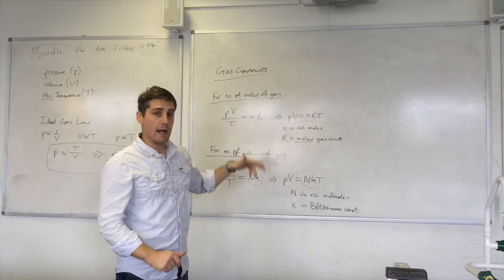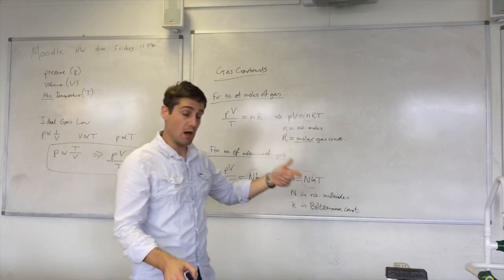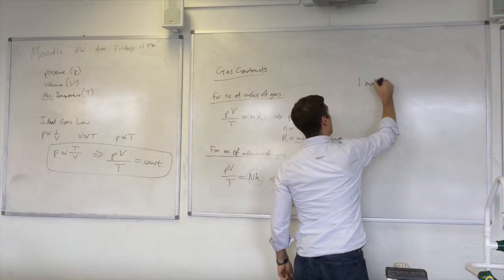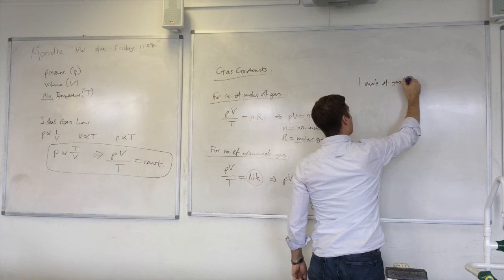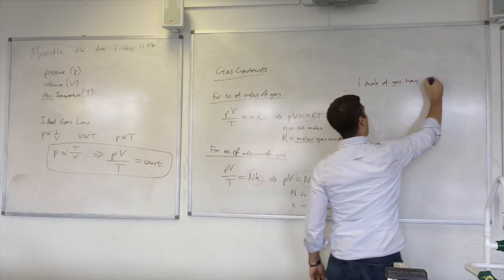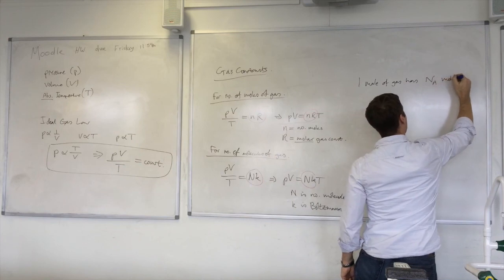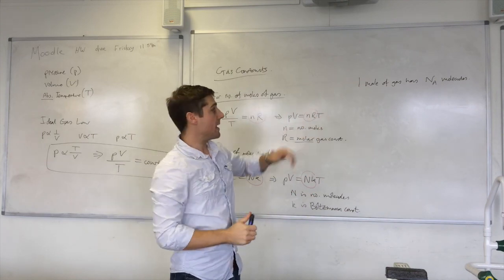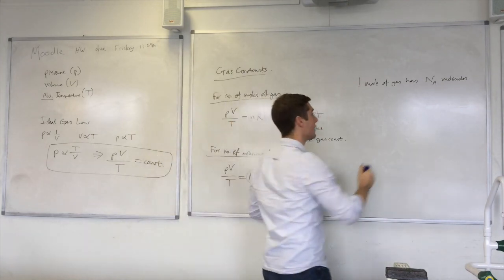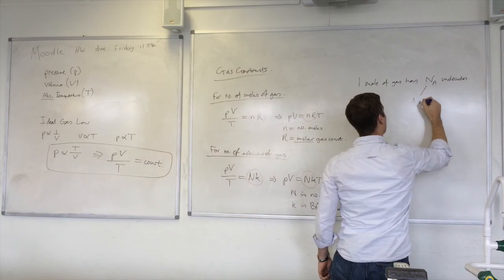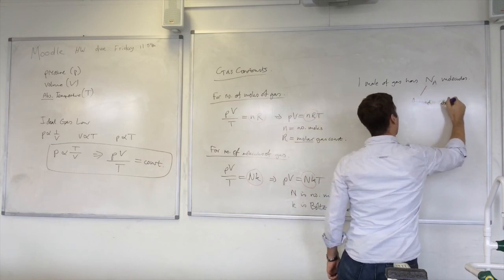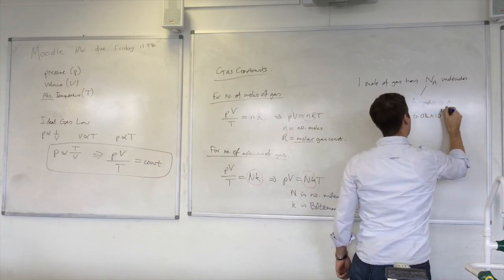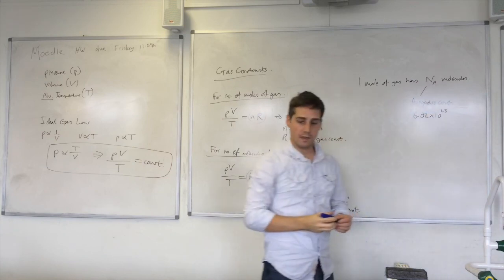So the two N's are related, the number of moles and number of molecules. One mole of gas has N_A molecules, that's the Avogadro constant, about 6.02 times 10 to the 23.